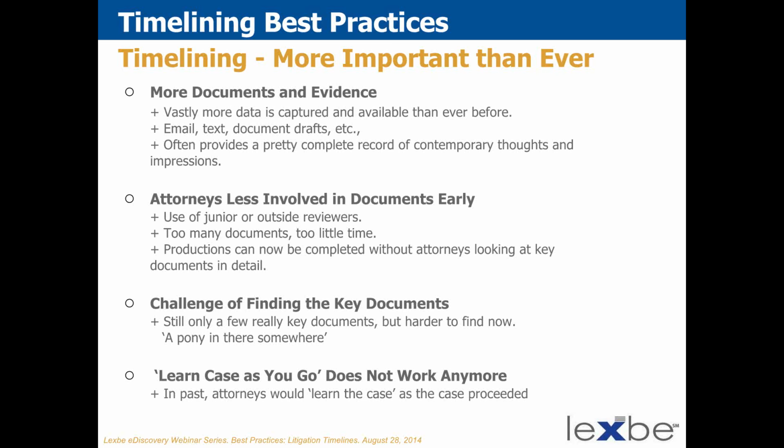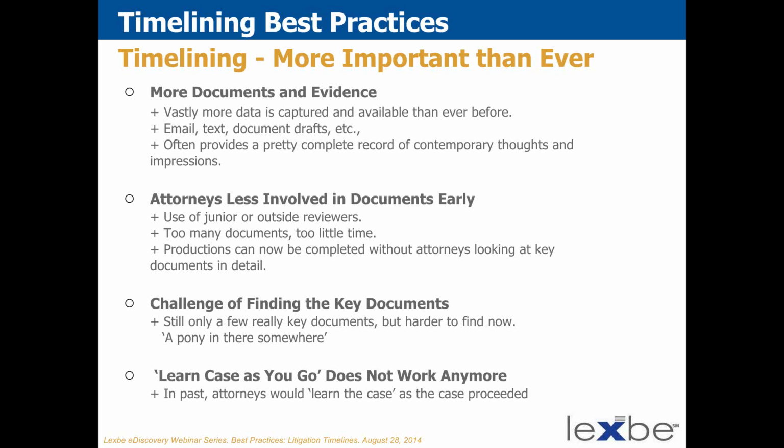Another reason why timelining is more important is that attorneys are less involved in documents early in the case. In the past, maybe the distant past, the attorneys were really involved all through the case. Now, because of cost considerations, junior attorneys, outside reviewers, contract reviewers, and technology are used to do initial review and production because there are just too many documents.